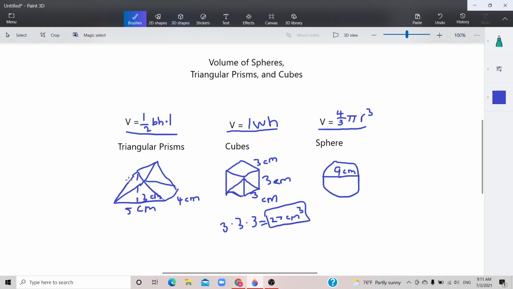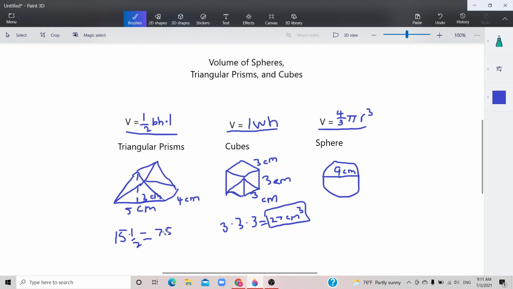Okay, now let's try this triangular prism. So we see here we have to find the area of this triangle and then multiply it by 4. So as we see here, we have 5 times 3, which is 15, and when we multiply that by 1/2, we get 7 and 1/2, so 7.5.